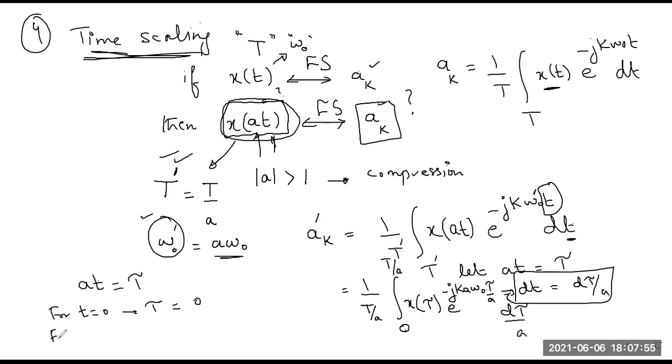And the upper limit of t is capital T by a. So when t becomes equal to T by a, what will be the limits with respect to tau?